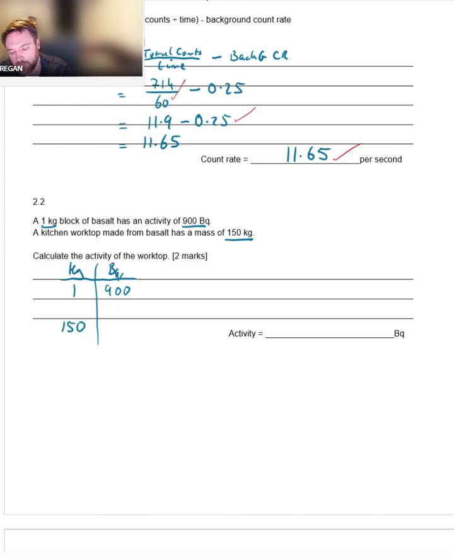Now, essentially, a proportion table just works that you keep things in proportion by either multiplying or dividing by the same as we go down or up or left or right. And in this case, we're going down the table. So 900 times 150. Again, calculator gives me 135,000.